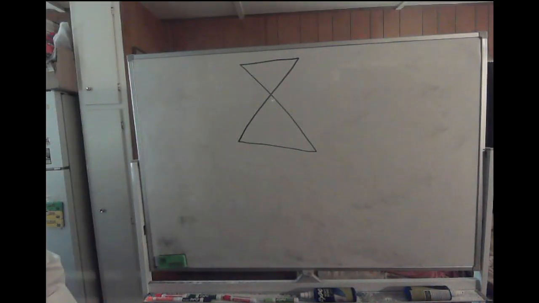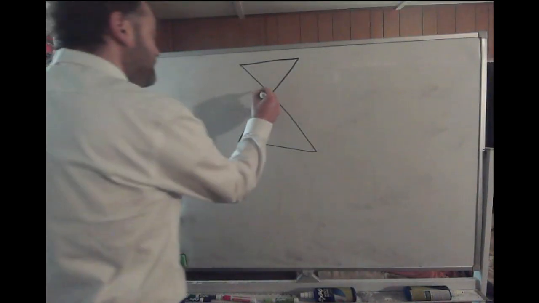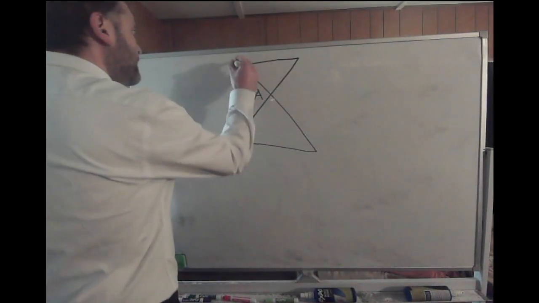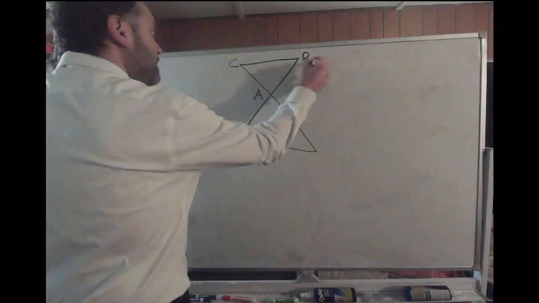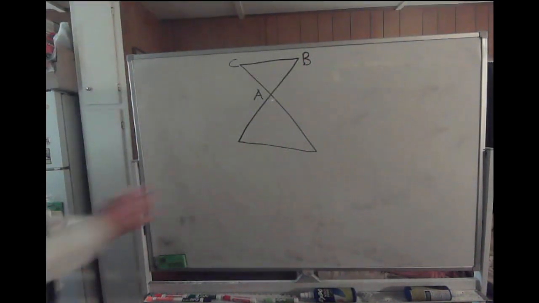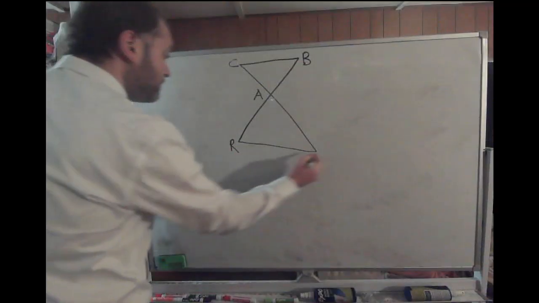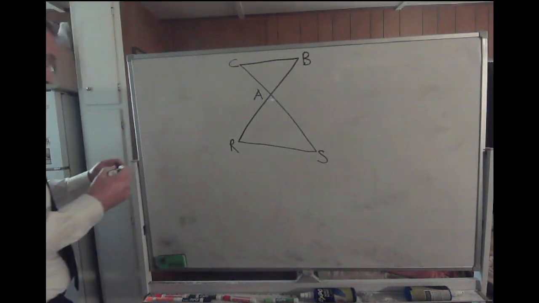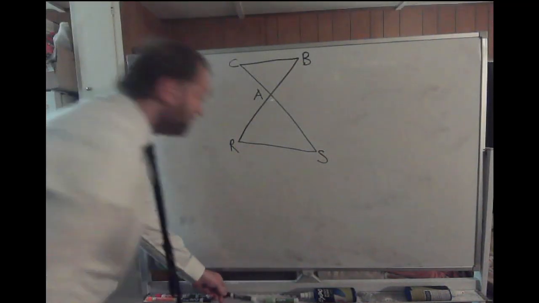So let's see, we're going to have two triangles here. Let's see what we're given now.